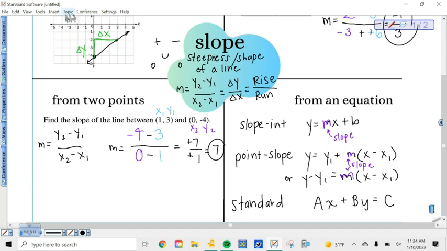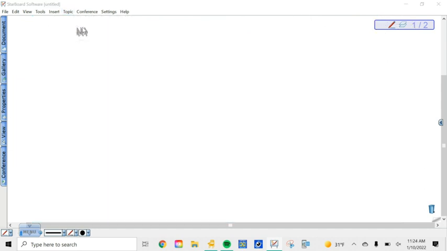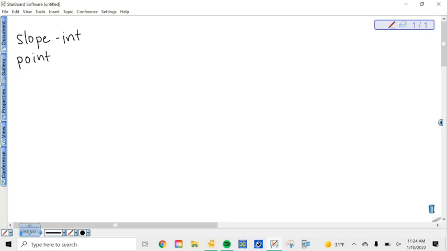Your options are slope-intercept, point slope, or standard form.